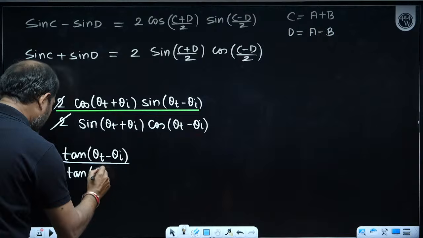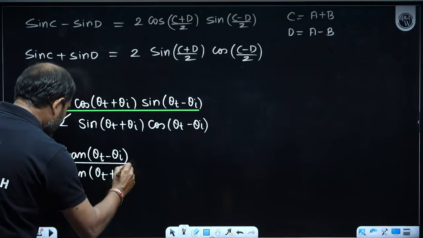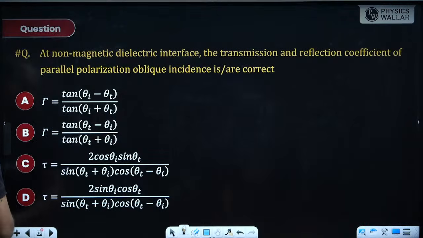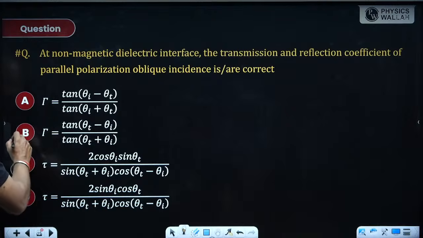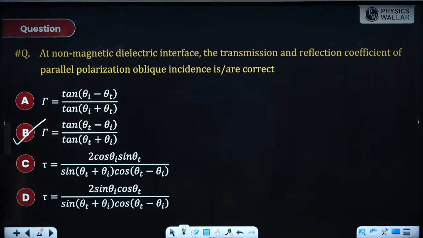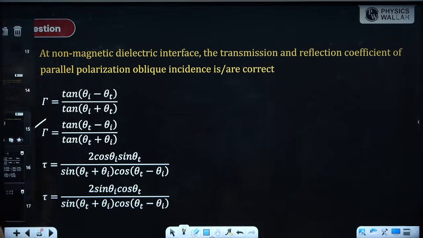This is a very good ratio. The answer is B.